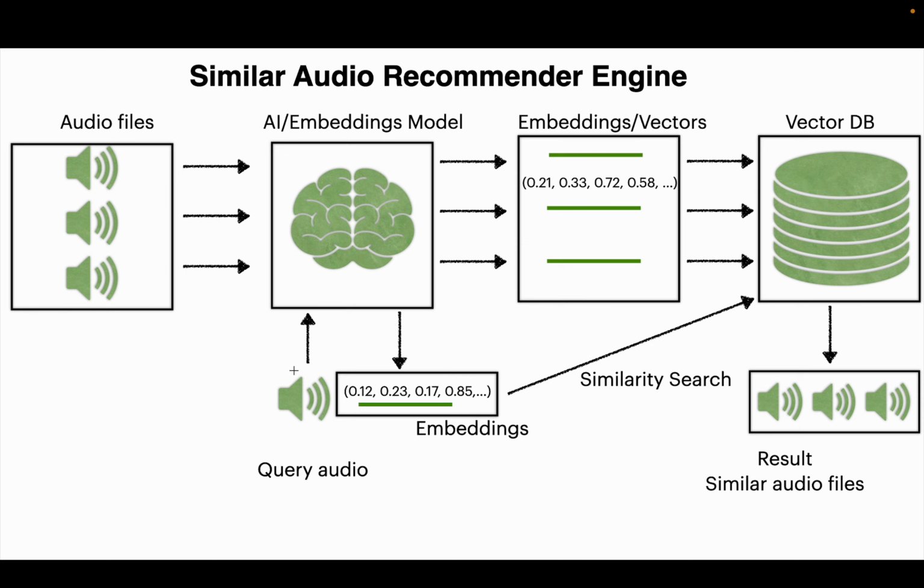And then for using it, we'll have a query file, which can again be text, image, or audio. We apply the same embedding model so that we get a vector of the same dimension, and we use this vector to query the database and get the IDs, and the IDs we can map to the files.